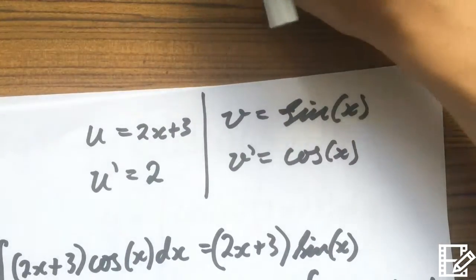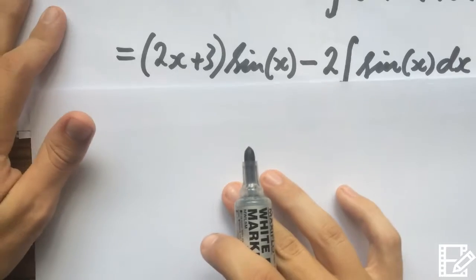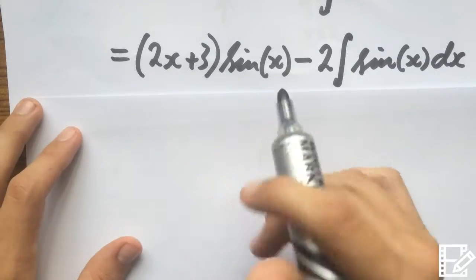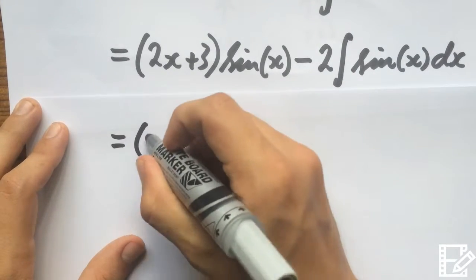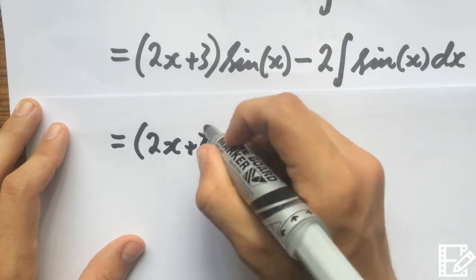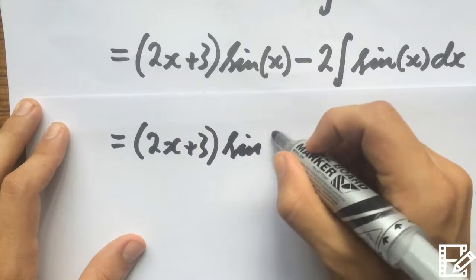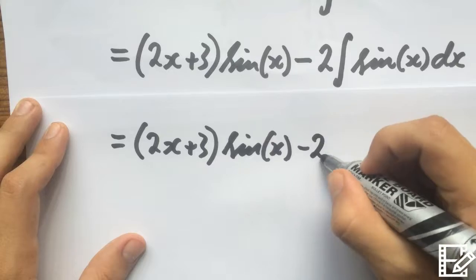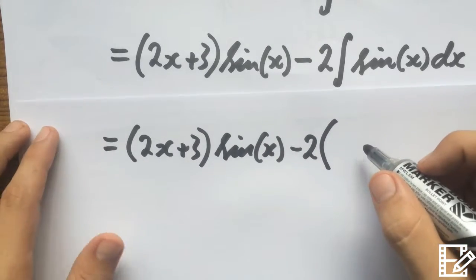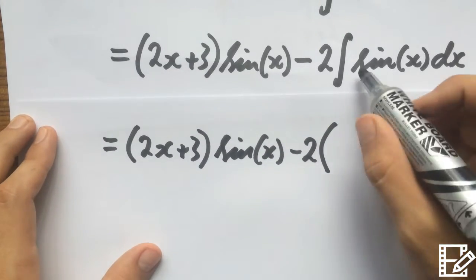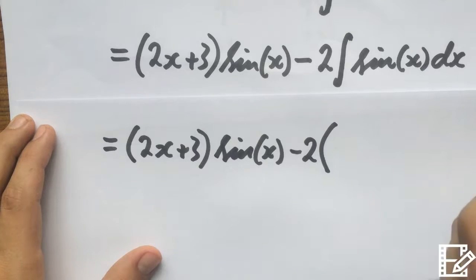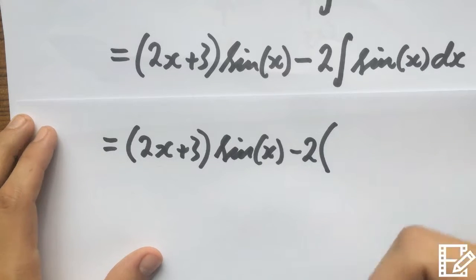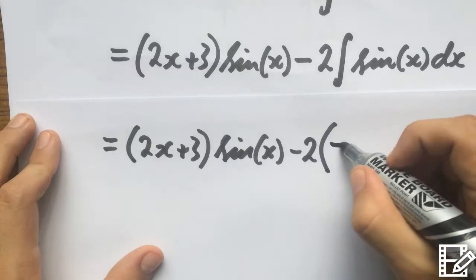Okay, now that we have that, we have to find the integral of sine x. So (2x + 3) sine x minus 2 bracket. The integral of sine x is negative cos x plus c.